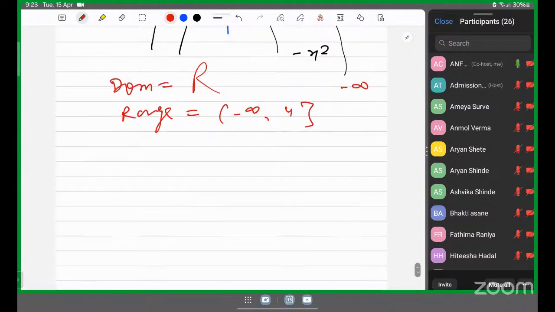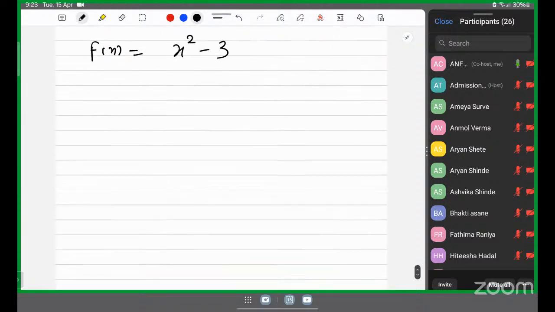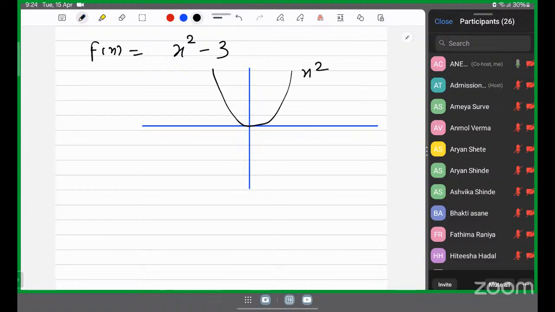What about this function? f of x is x square minus 3. What will be its range, domain, and graph? If you plot its graph, this is x square minus 3. This point will be 0, minus 3.